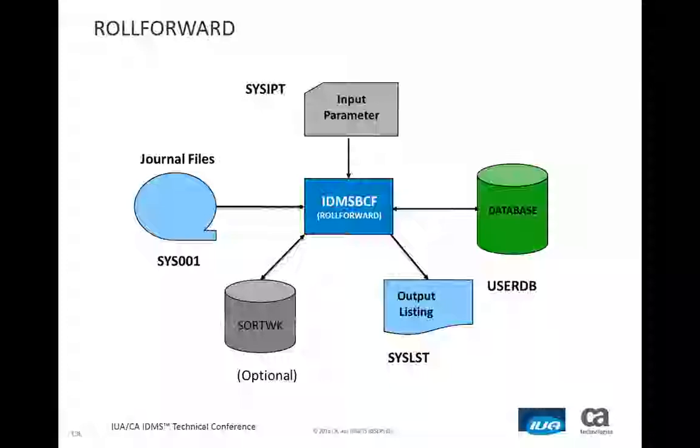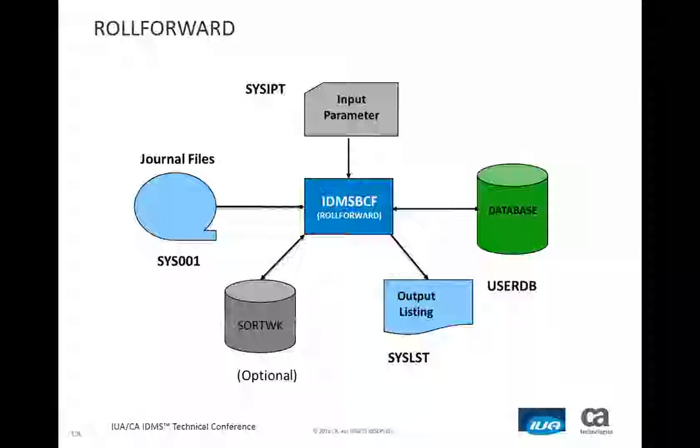So the roll forward utility, as we look at our utility diagrams that we've been using, roll forward is a recovery statement or a utility statement. It runs under the control of IDMS BCF. Input parameters come in through DD statement SYSIPT, and an output listing comes out through SYSLIST.